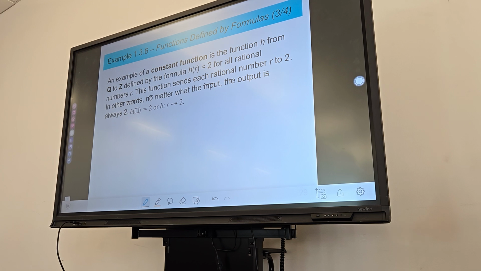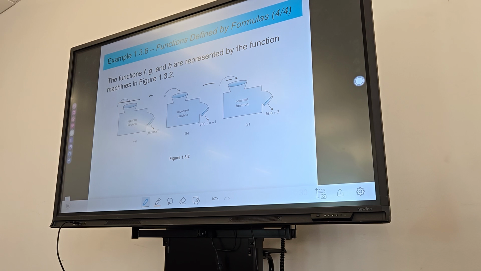So that is a constant function. And they have these cute little pictures of functions and function machines, putting input in and getting output out, and what happens in the middle, you may or may not know.